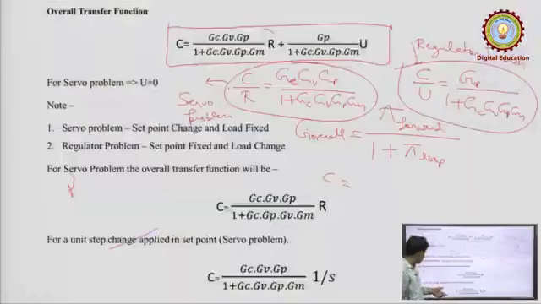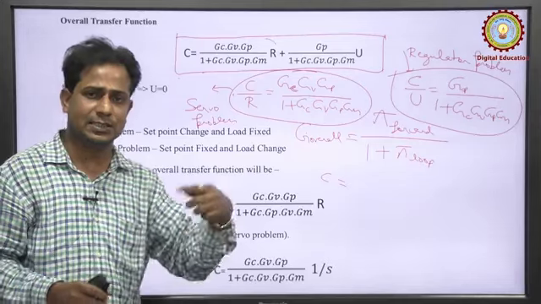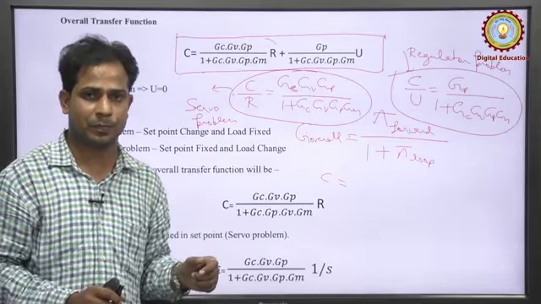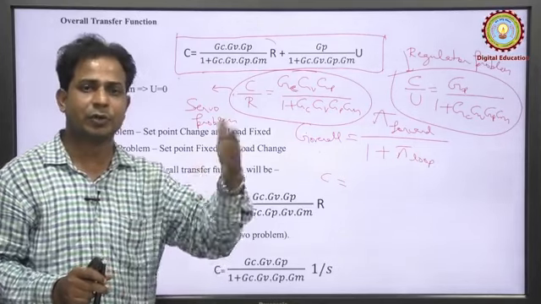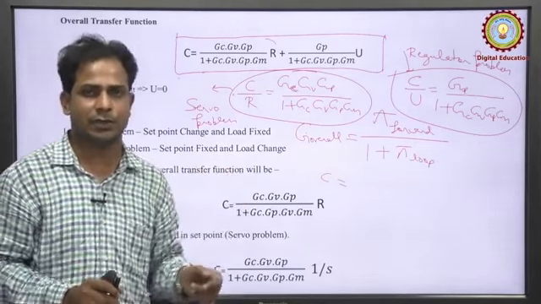Like a unit step change applied to the set point. Set point means I am giving a step change into the input. Step change means by 1 unit or 2 units, or any other unit.